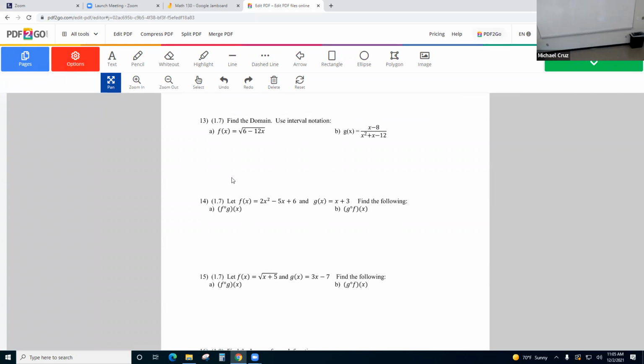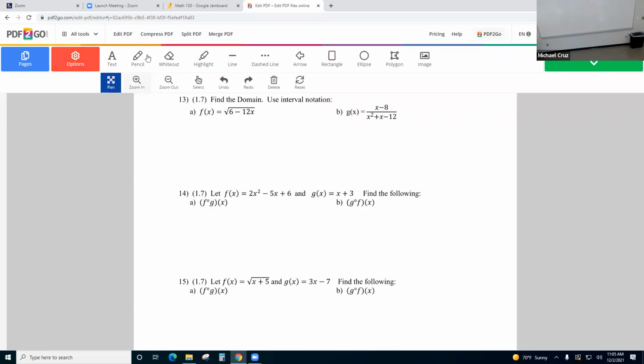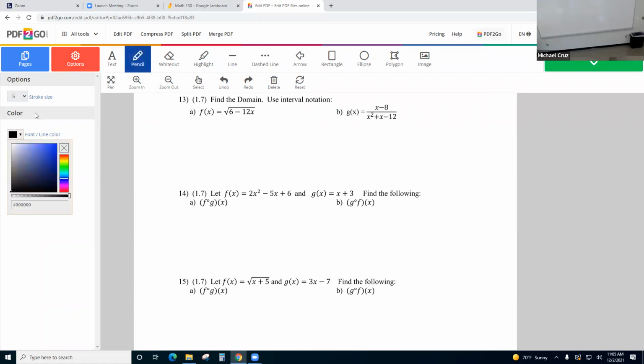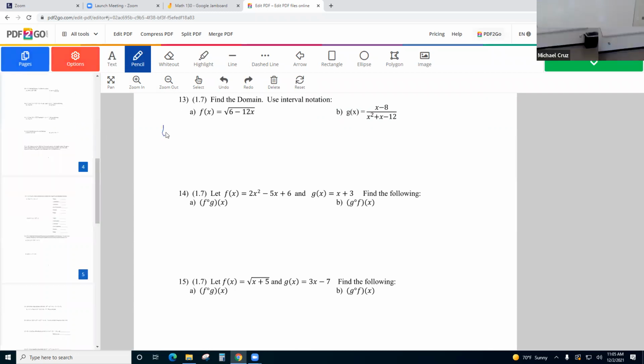It's very similar here, because with this kind of square root, obviously it can't be negative inside. So we take 6 minus 12x, and it has to be greater than or equal to 0. It can be 0 here, unlike the logarithm.